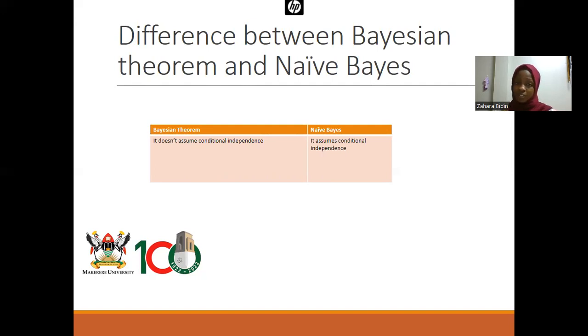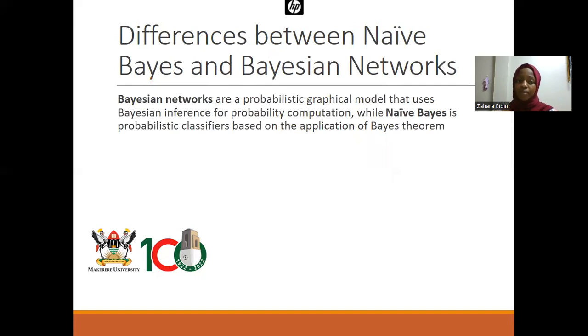That brings about the difference between the two terms. Then the difference between naive Bayes and Bayesian networks: Bayesian networks are probabilistic graphical models that use Bayesian inference for probability computation, and naive Bayes is a probabilistic classifier based on the application of Bayes' theorem.